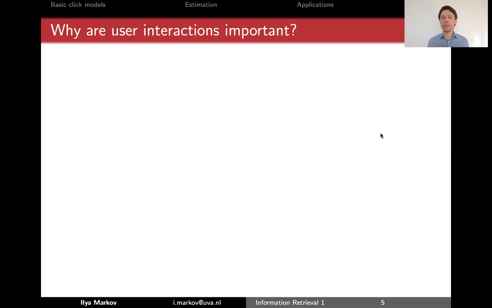Now, I already mentioned that interactions are important, and why are they important? In search and IR, primarily we use interactions for two very general things that you have already seen so far, actually. First, to evaluate information retrieval systems. You had a lecture on evaluation, but that evaluation was offline.